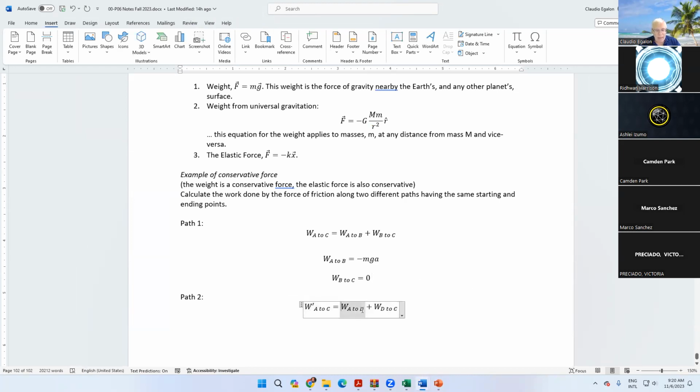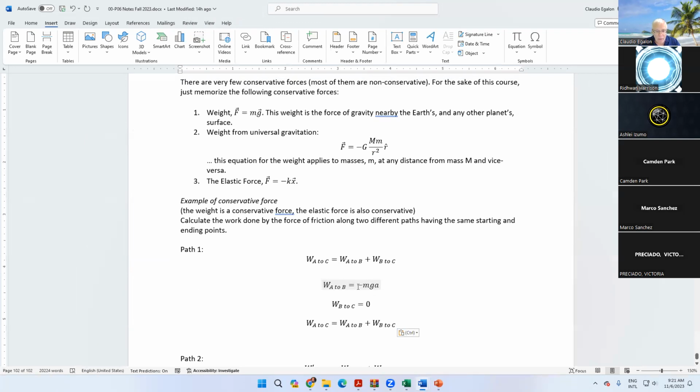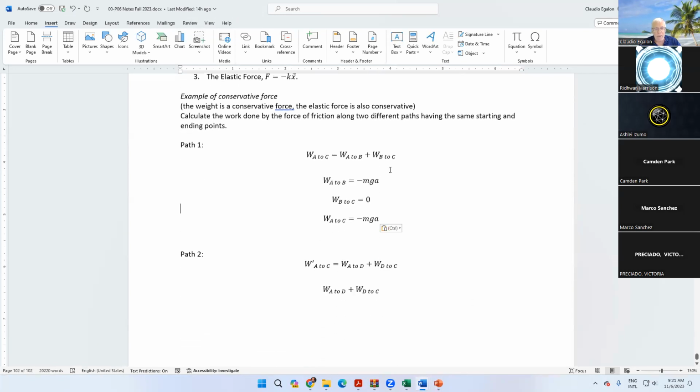And before we repeat that for the other two, let's get the net work from A to C. The net work from A to C is going to be minus mgA, because from B to C this term is going to be 0.